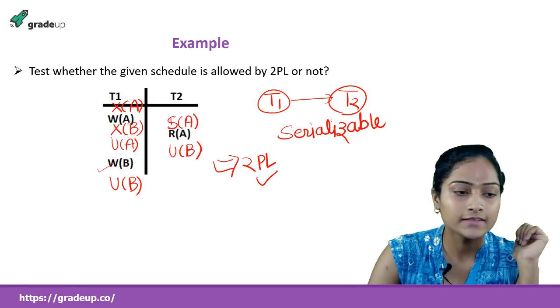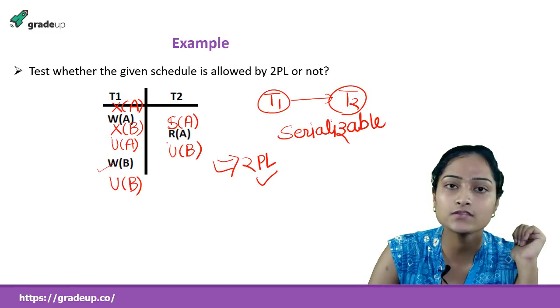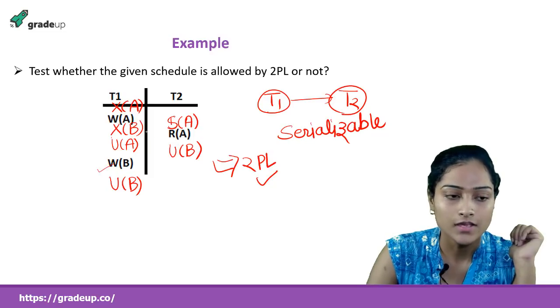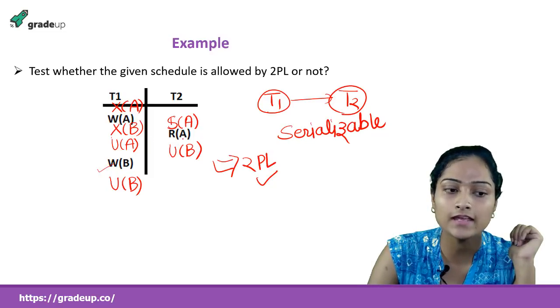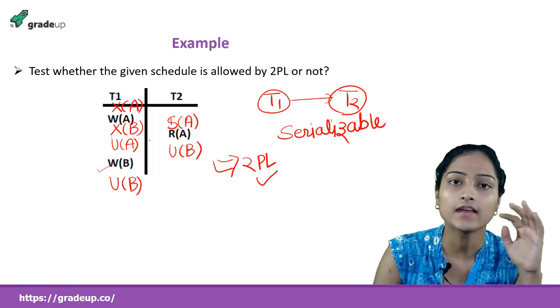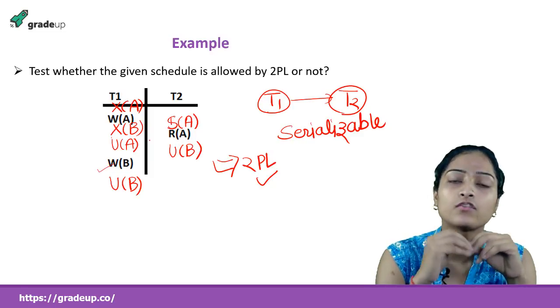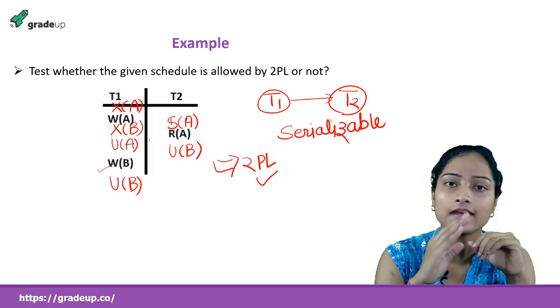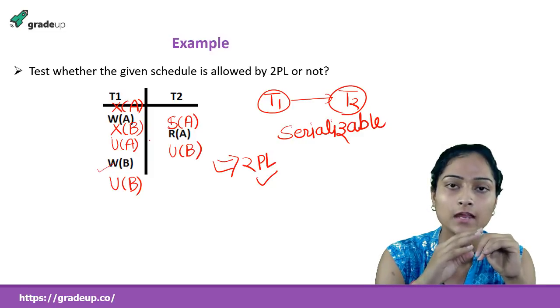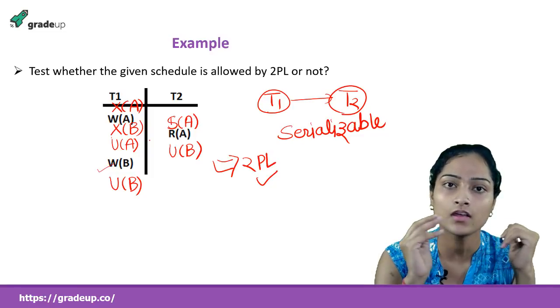This schedule with transactions T1 and T2 is not a recoverable schedule. You can clearly see T2 is making an uncommitted read. So it is not recoverable, but it is still allowed by our 2PL protocol. So we can say 2PL can guarantee serializability, but we cannot make any comment about the recoverability of a particular schedule.